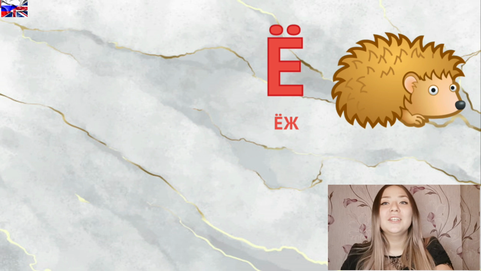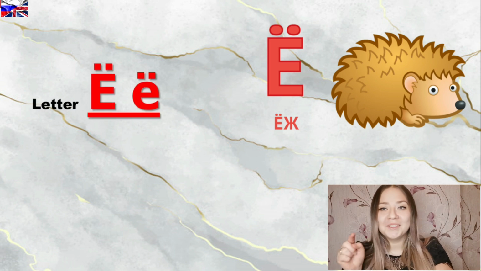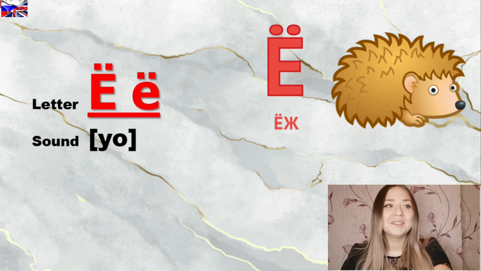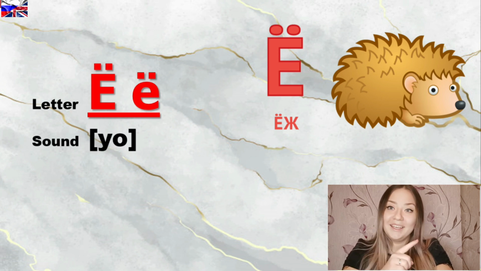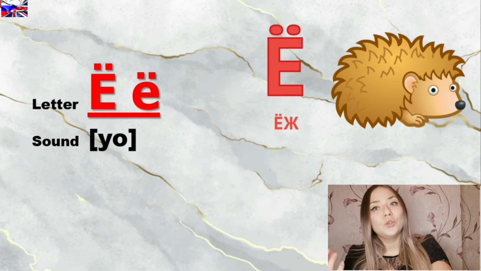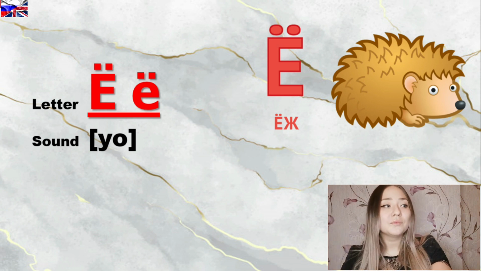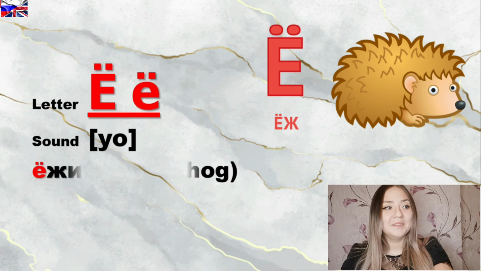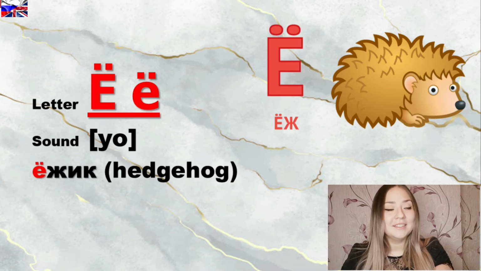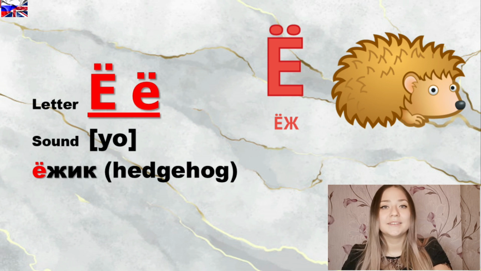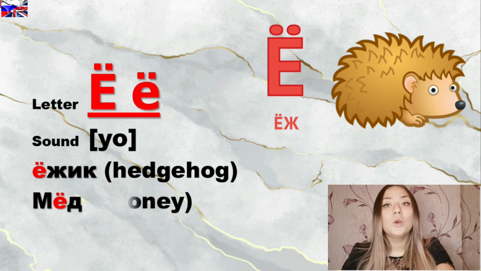So it's letter Yo with 2 dots on it. We call it yo. And the sound is also yo. Okay, you see they're quite similar. For example, the word hedgehog is ёжик. Honey, мёд.